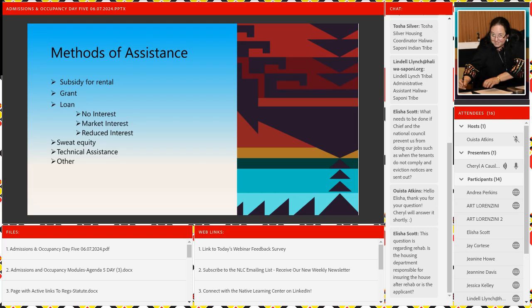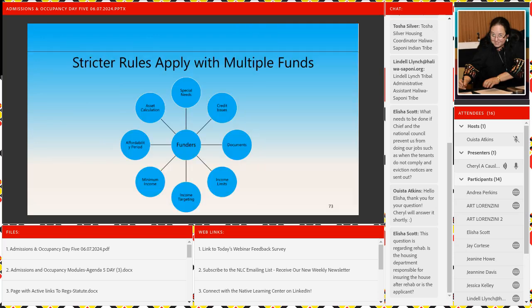You've got to have this, and then your utilities in before this, and all those steps, they didn't have the background and knowledge on how to do that properly. So it's really important to make sure that you have contractors around that are willing to do that and walk them all the way through, your technical assistance.